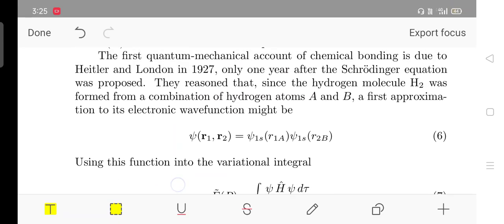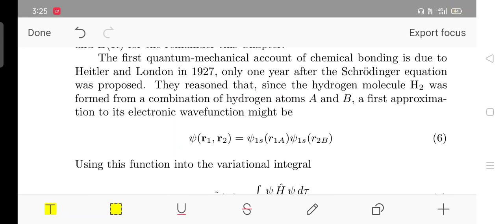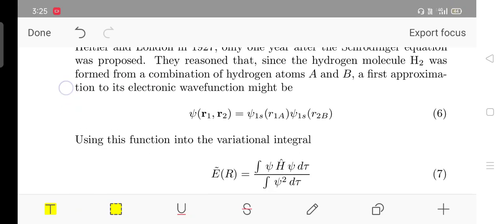So first he assumed that the first electron is in nucleus A and the second electron exists in nucleus B. Then he wrote the wave function for the combined system, so for each electron a wave function is associated with it.